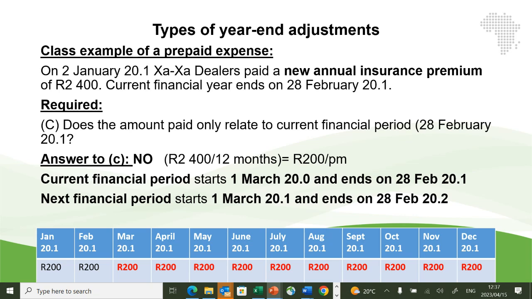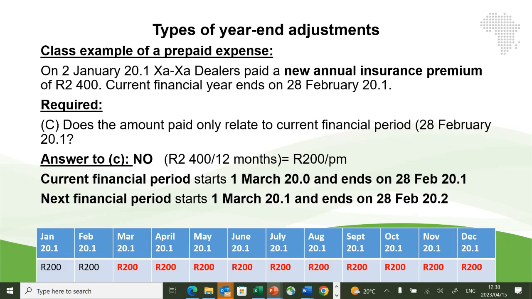So, as I told you earlier, we need to always draw out the timeline. Let's start with our current financial period. The current financial period starts when? On the 1st of March 20.0 and ends when? On 28 February 20.1. And you were told that the payment was made when? On the 2nd of January 20.1.